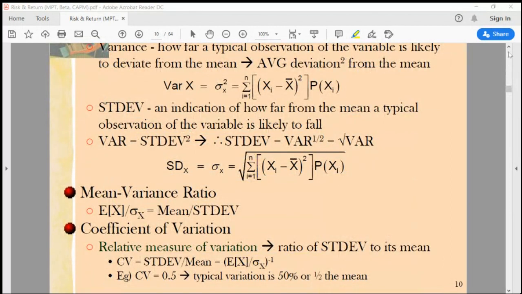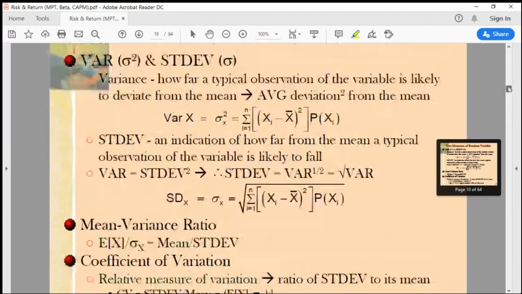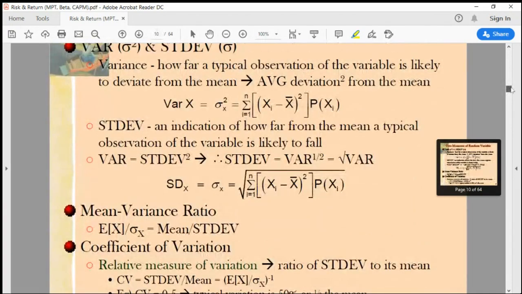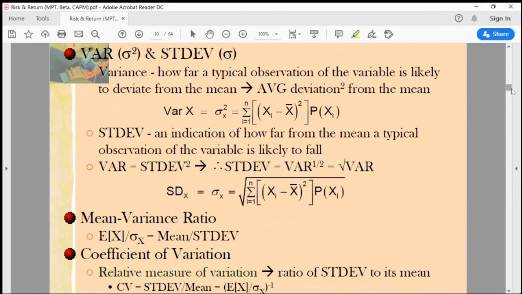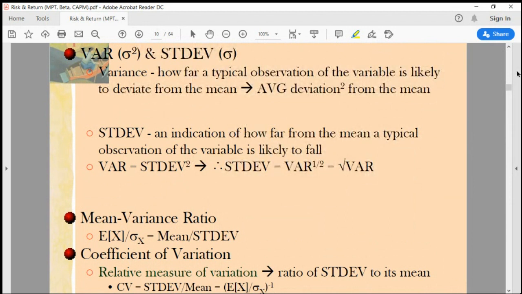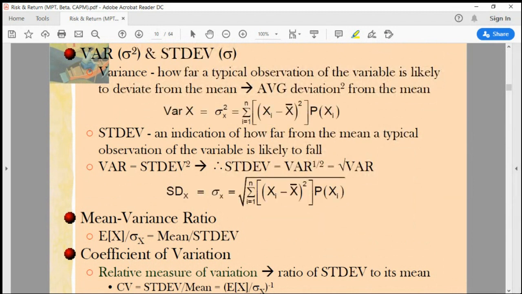So going back, this is basically what variance is. We found variance and standard deviation already yesterday, but this may look a little unfamiliar, so let me stop this and go to a whiteboard.